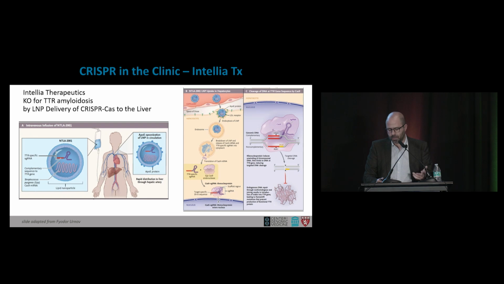Essentially, this disease is caused by a protein, the TTR, that is expressed in the liver and then misfolds in the brain. But here they're knocking it out. They're using this CRISPR reagent to transduce hepatocytes, knock out this gene, and reduce this protein.